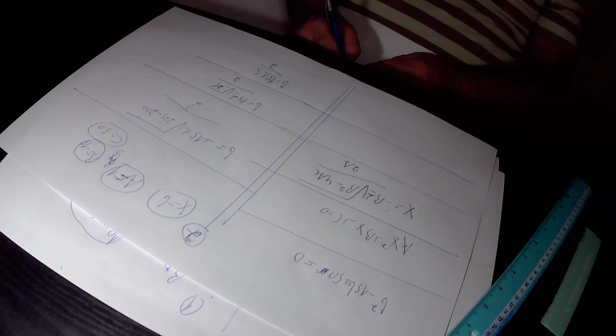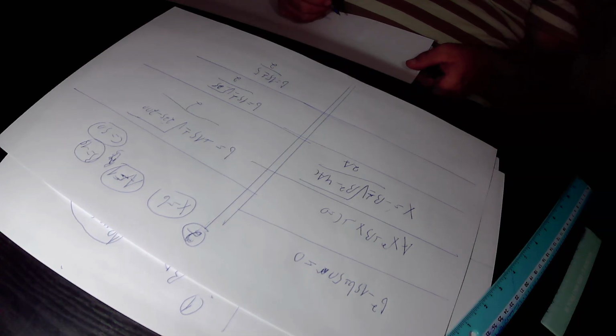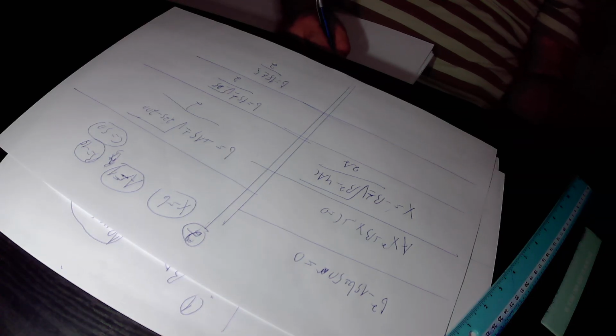So according to the first solution, b equals 10 units. So b1 equals 10 units.